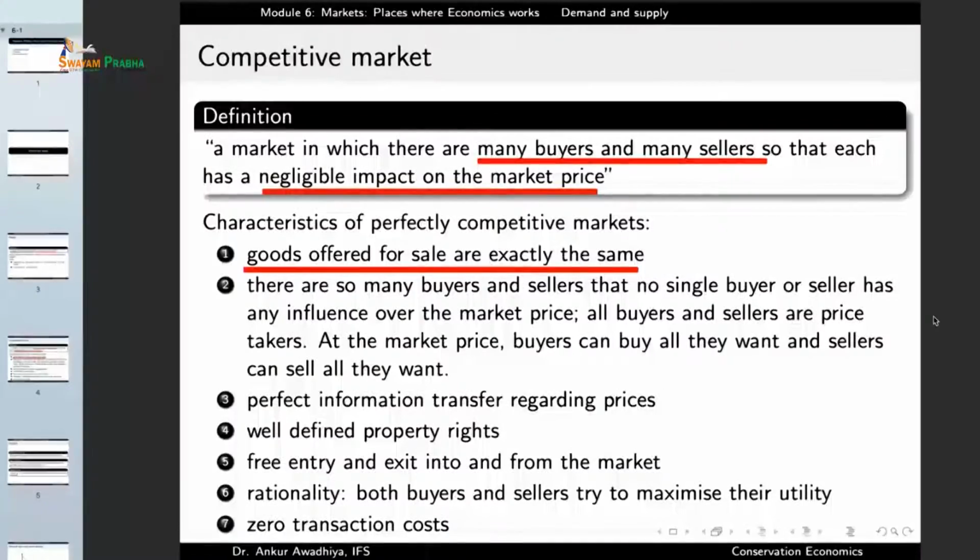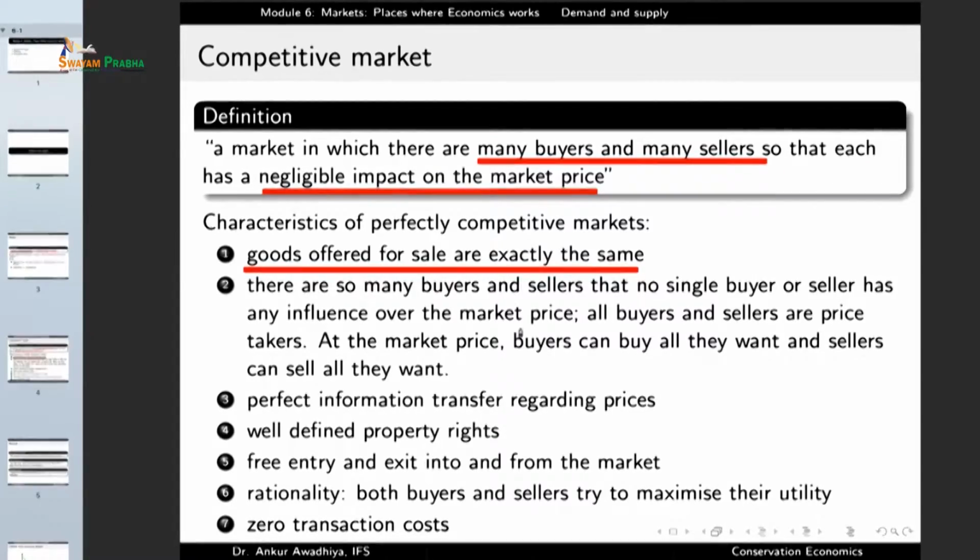It is still a competitive market because you have many buyers and sellers, but not perfectly competitive, because certain buyers or sellers who value quality would be influencing the market prices. So there is a slight amount of influence on the market prices, and if the goods are not uniform, this is not a perfectly competitive market.